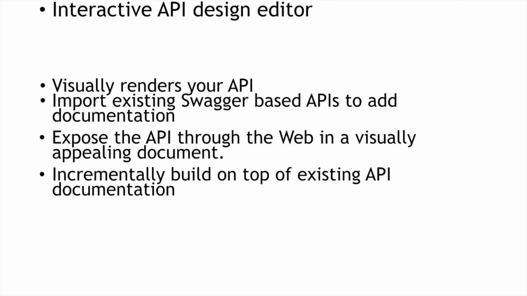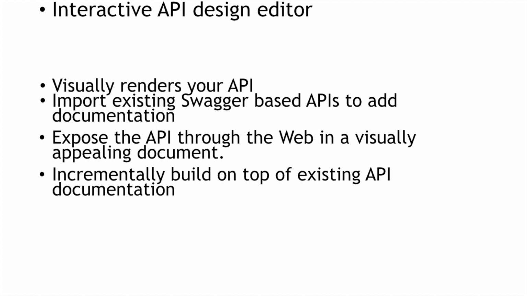The editor allows us to visually render the API, and it also allows us to use existing Swagger APIs that have been defined by other people and add to them documentation in the continuous design process.